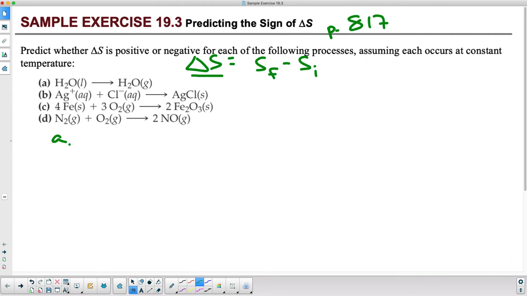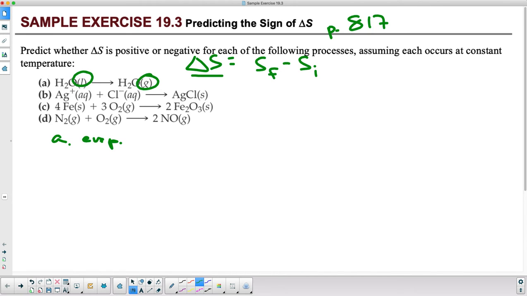For the first one, notice the difference between the reactant and the product is that here and here we have the same compound, the same number of moles on both sides. We have 1 and 1. The difference is that the water goes from a liquid to a gas. This is called evaporation.